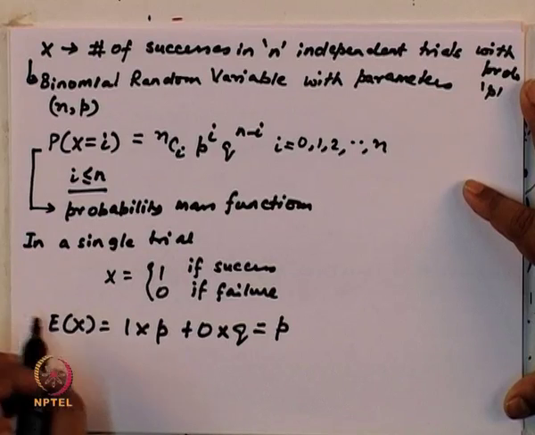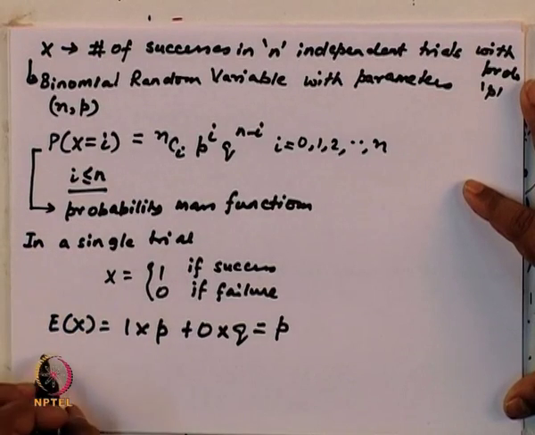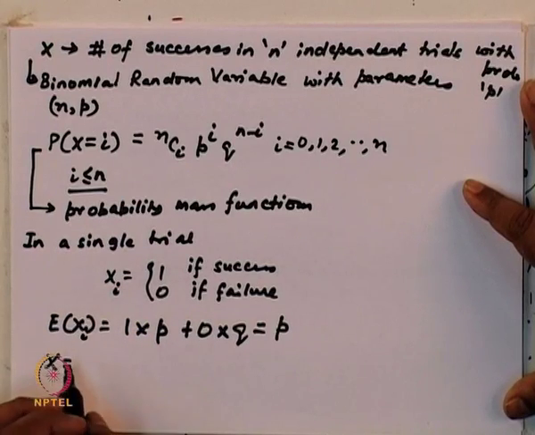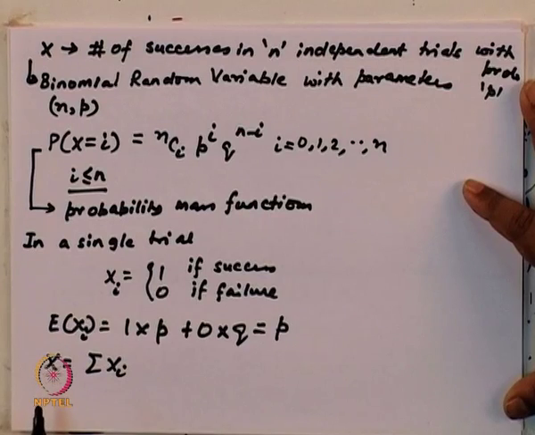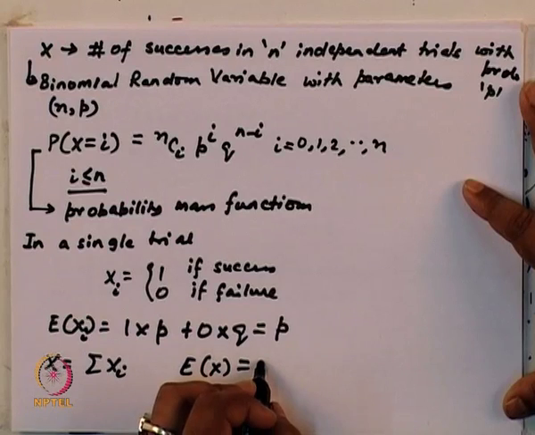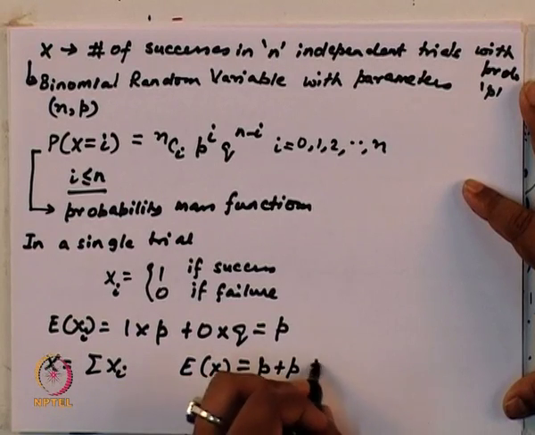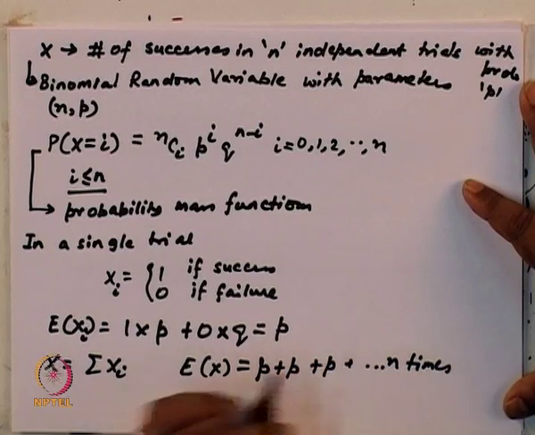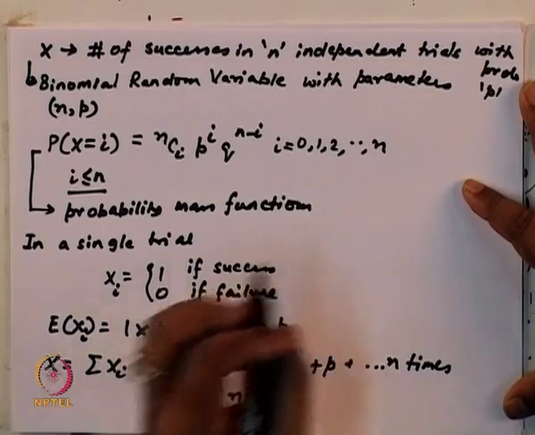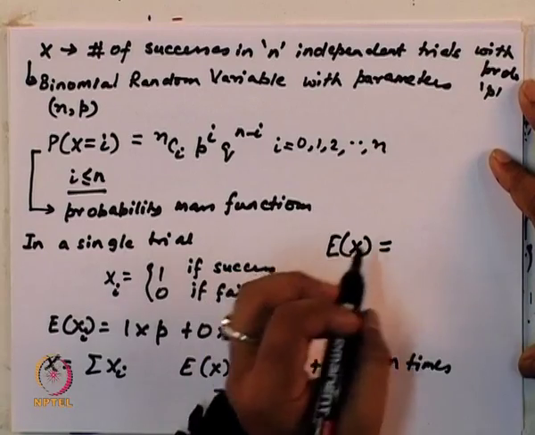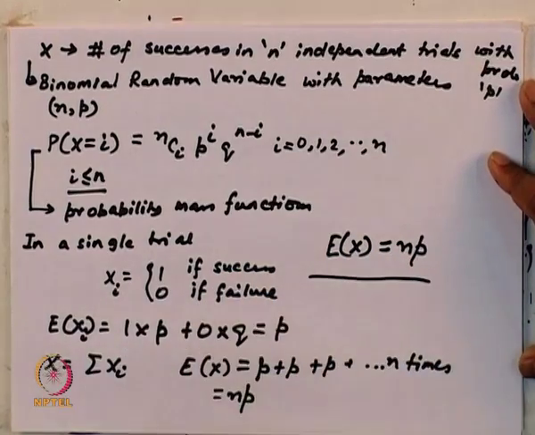This is for a single trial. So, X is the summation of X i. Then expectation of X is going to give me p plus p plus p n times, that means equal to np. So, expectation of a binomial random variable with parameters n and p is np.